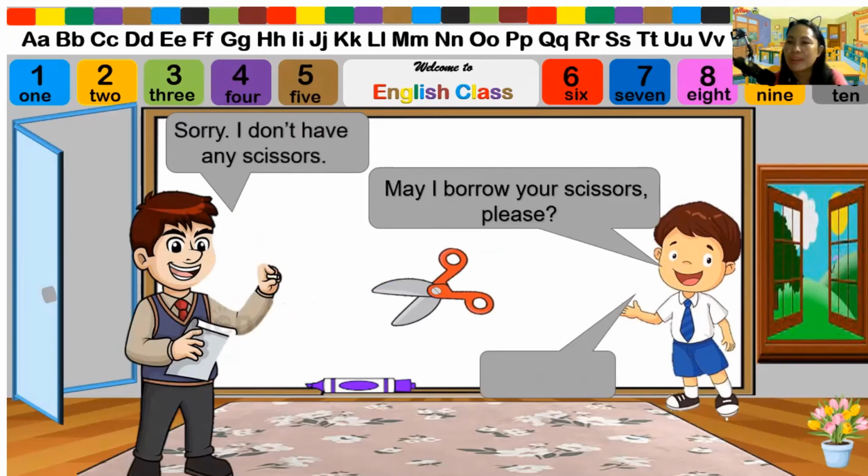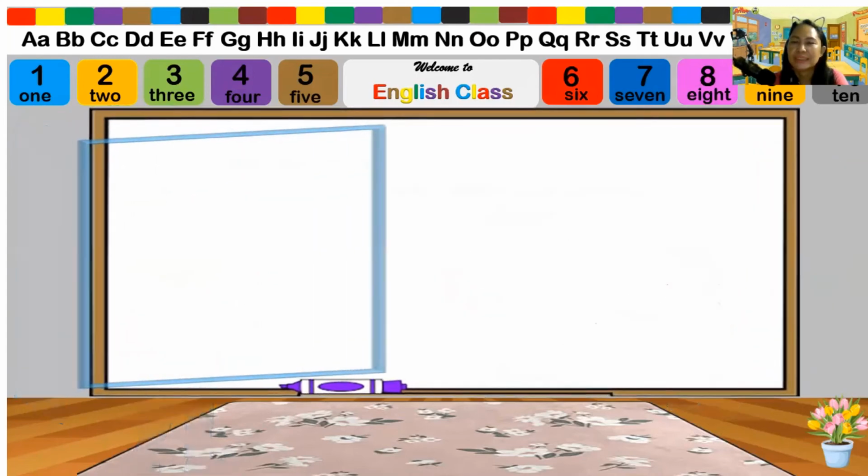And if we don't have, we just simply say, sorry, I don't have any scissors. And if we cannot borrow because he doesn't have, we just simply say, never mind. Okay?